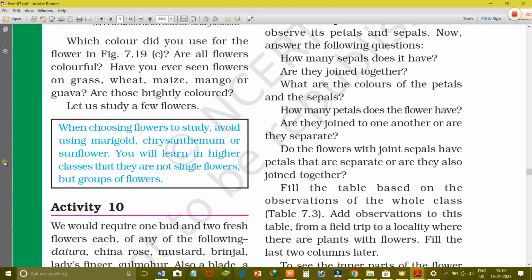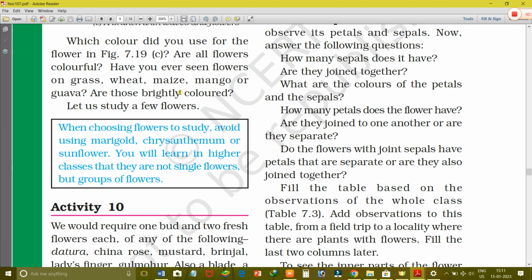Which color did you use for the flower? Are all flowers colorful? Have you ever seen flowers on grass, wheat, maize, mango, or guava? Are those brilliantly colored?